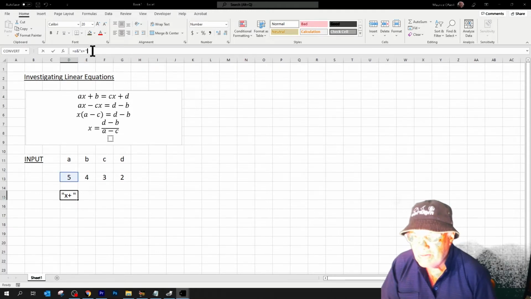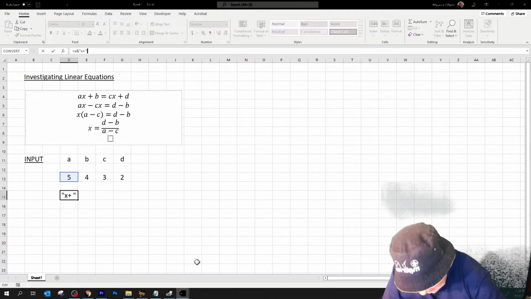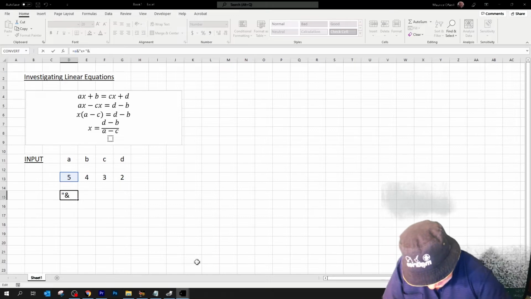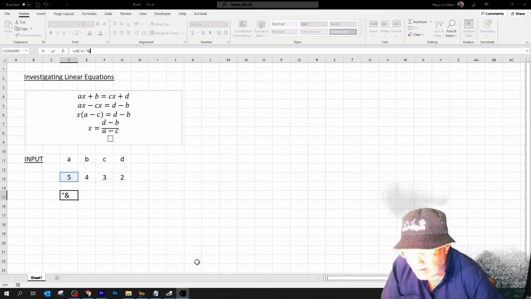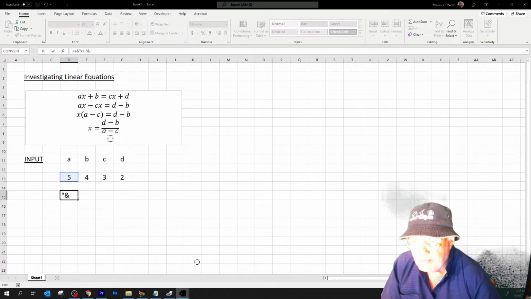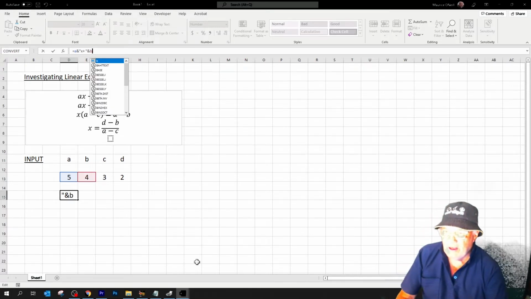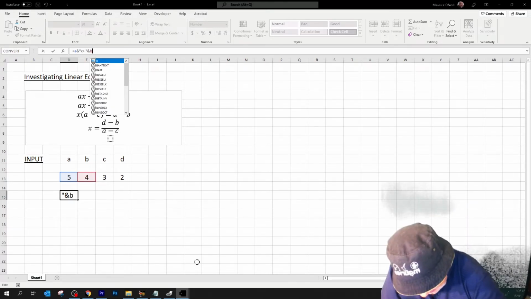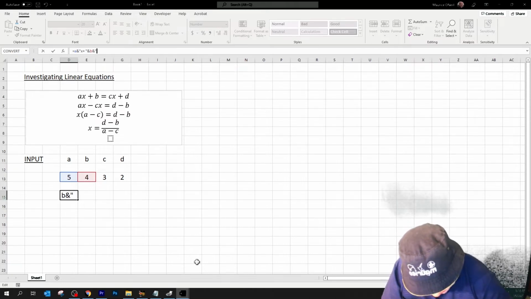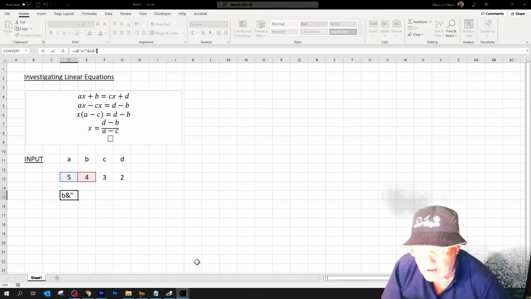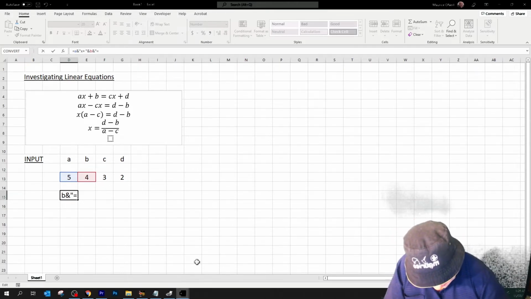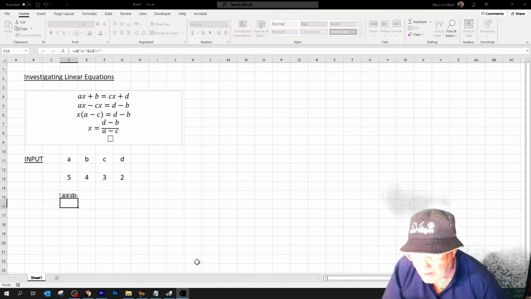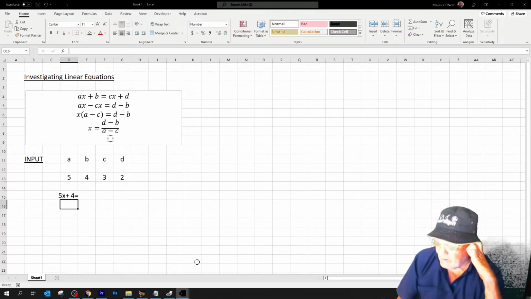Okay, so now we go and B. And B, right, and open the quotes, equals, space, close the quote, 5x plus 4 equals.